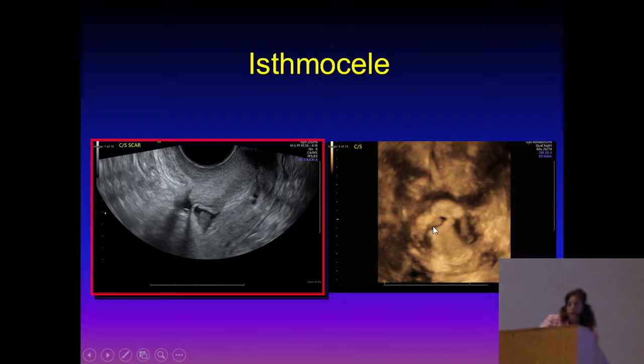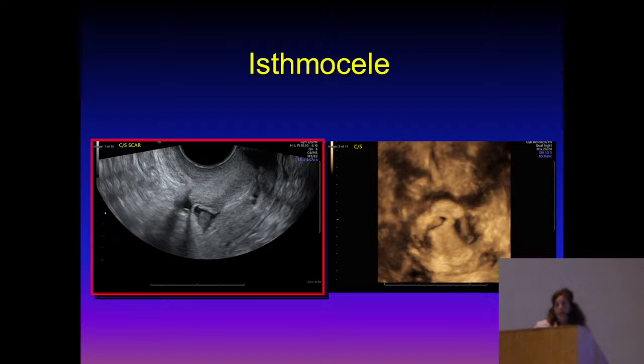So this is another area. I don't know how you feel about repairing them all, but we're just recommending repair if there's fluid in the endometrial cavity or any kind of chronic inflammation or endometritis, or if it's large. Usually you can do the transfer and bypass it, just under guidance.